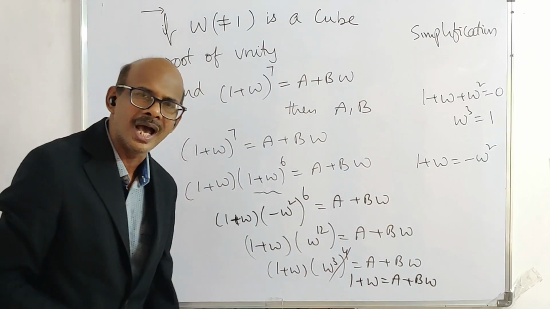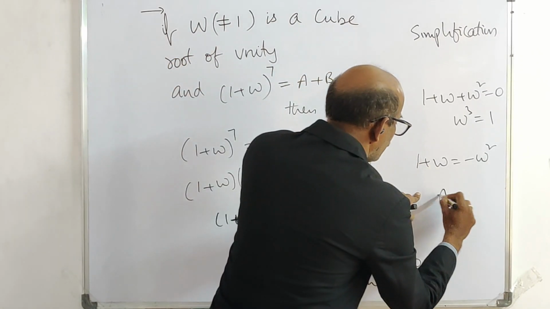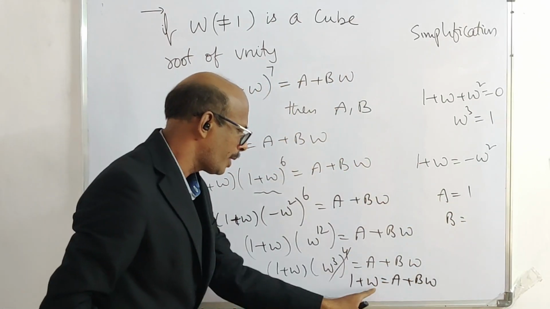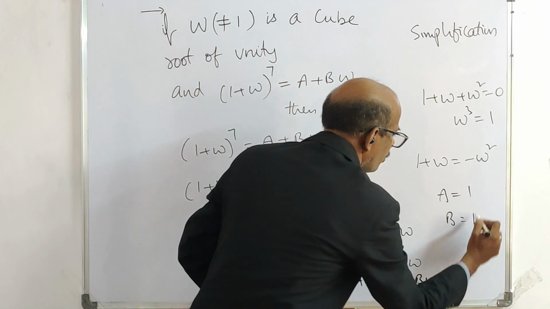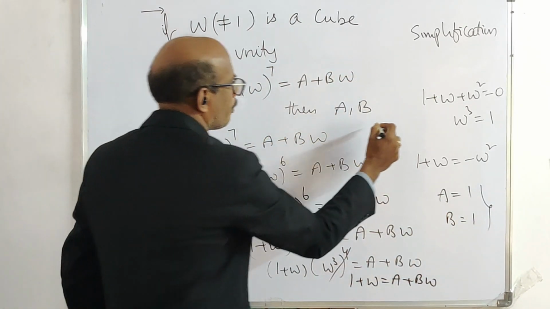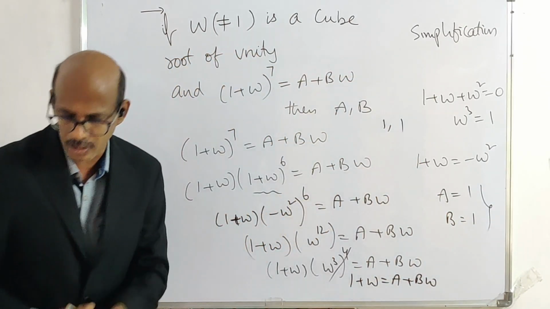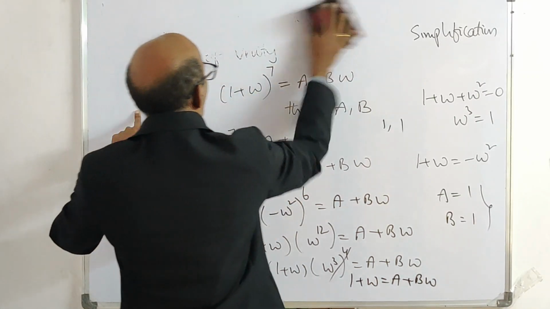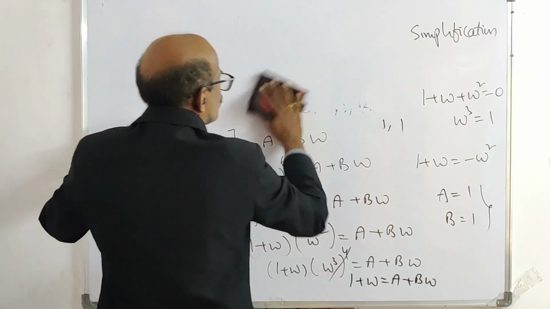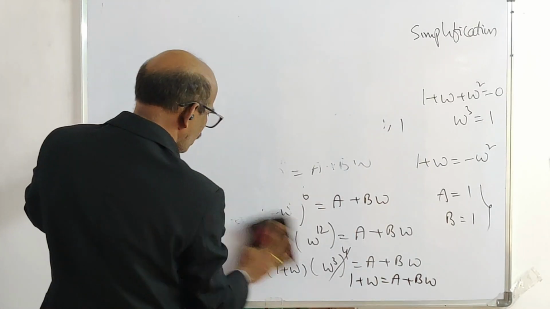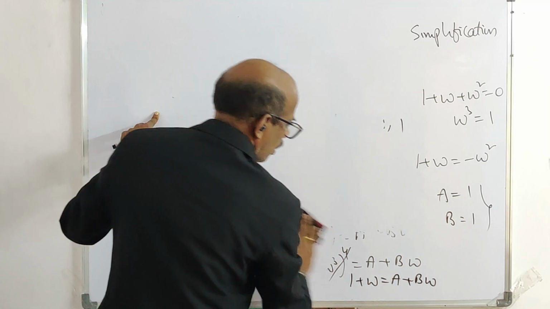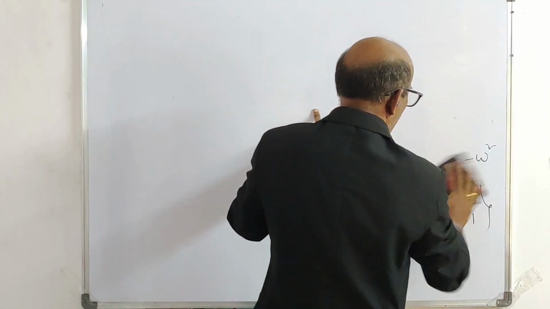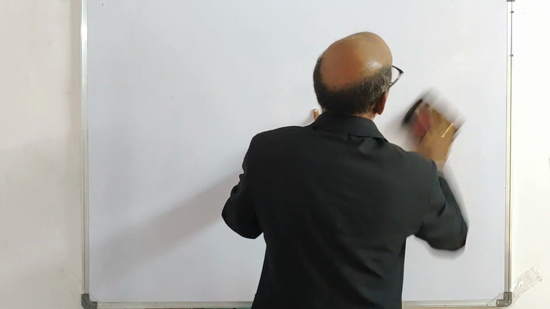By comparing like terms on both sides, the constant a is 1, and the omega coefficient is b, so b is 1. Therefore, a comma b is 1 comma 1. I think you understood my point. This links with the role played by omega. If you watch the video completely, you can understand the role played by omega in different situations.